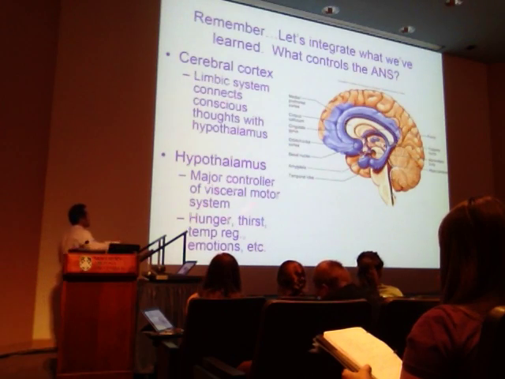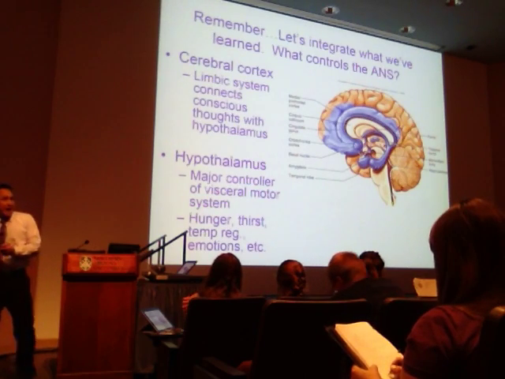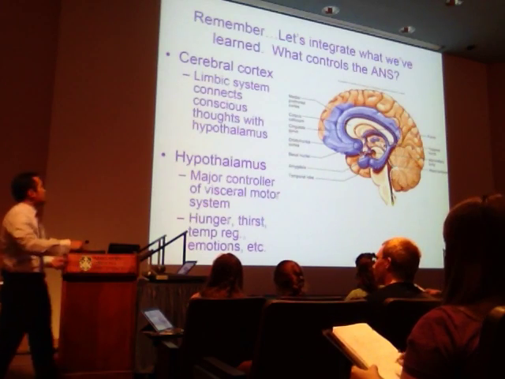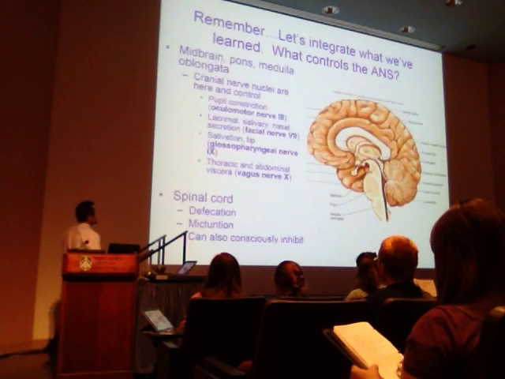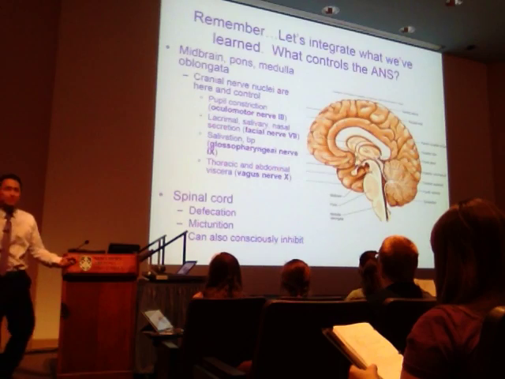Right? The hypothalamus is this major control center of visceral motor systems. So the activity from the gut, the activity from the salivary glands, all of this is being controlled by the hypothalamus.